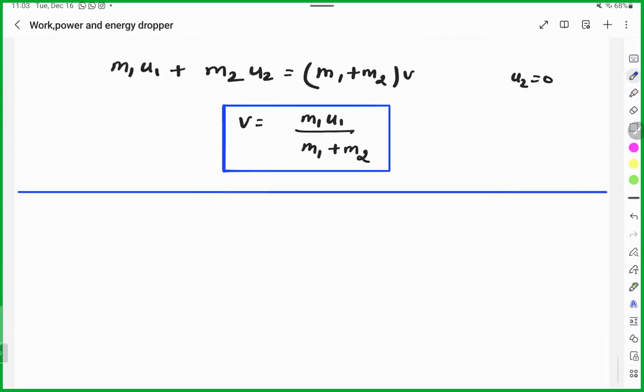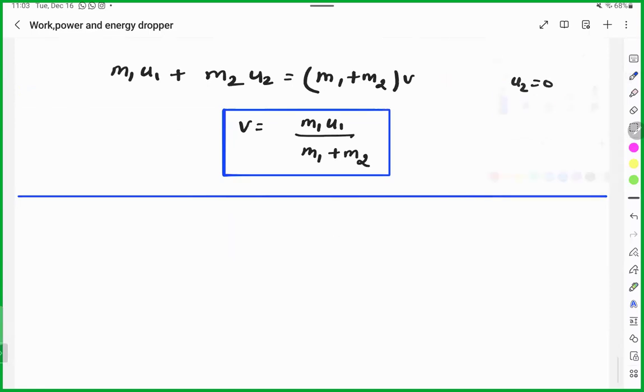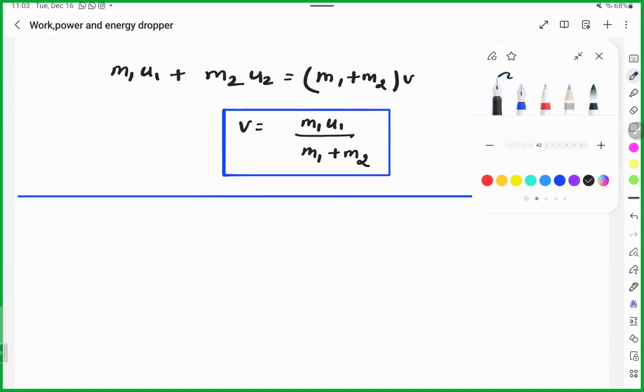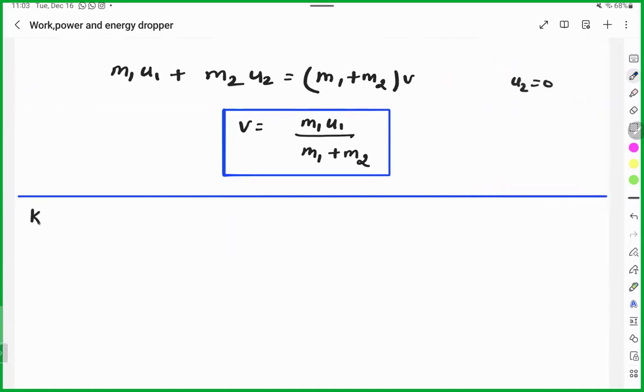When it comes to kinetic energy, if you see the kinetic energy before collision, only one body is moving. So the kinetic energy initially will be half m1 u1 square, correct?